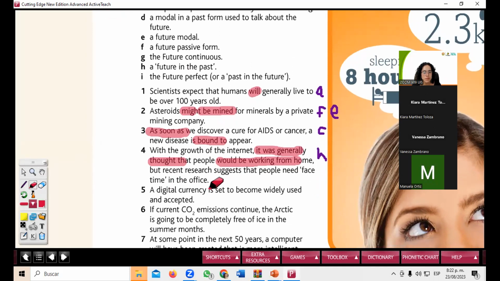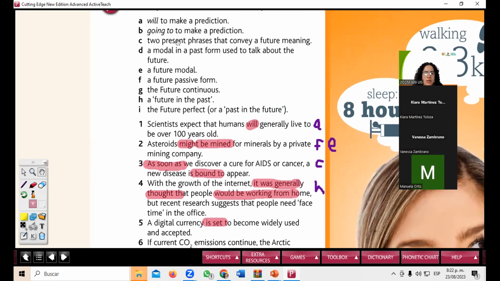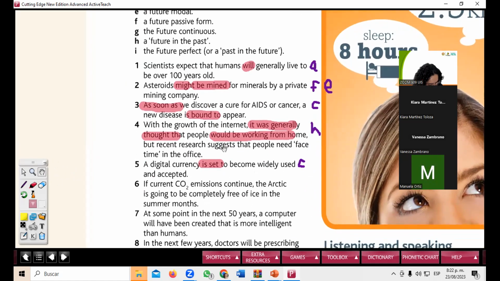I think it is future phrases, but... This is set to, said to. So yeah, this one is present phrases, okay? This is letter C, because we don't have the future or the past. This is in present form. So is said to become widely used and accepted. All right, this is letter C, two present tenses.